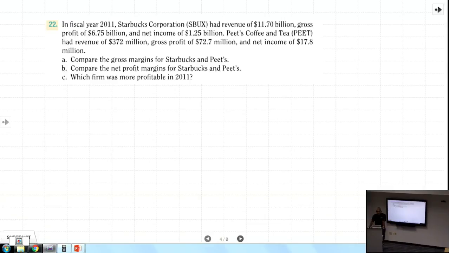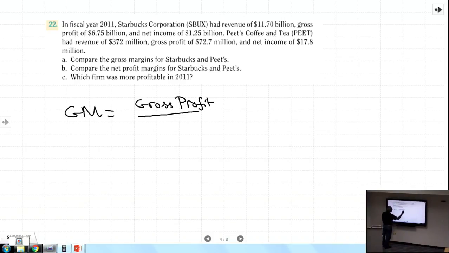Gross margin, as we just learned, is gross profit divided by revenue or sales.